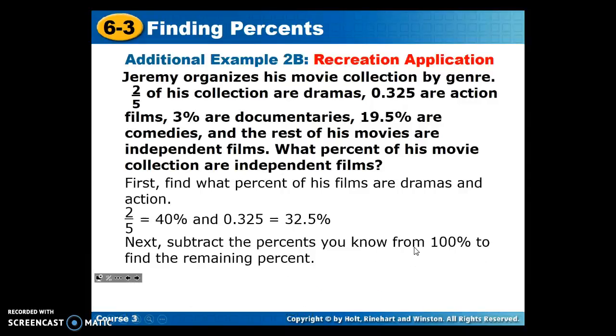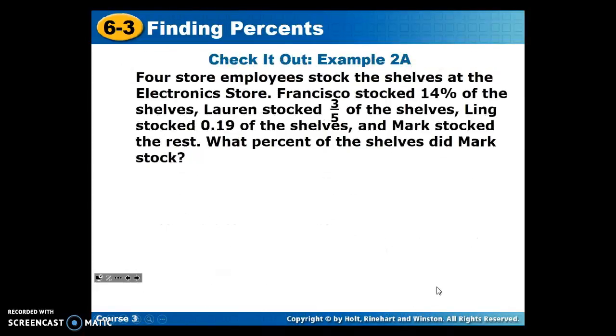And then we'll just subtract those from 100. So 100 minus, now this would be 40% from the 2/5, minus 32.5% over here from that decimal, minus that 3%, minus the 19.5% gives you 5% left over, which means that must be the percent for the independent films. All right, try this one out and see how you do.